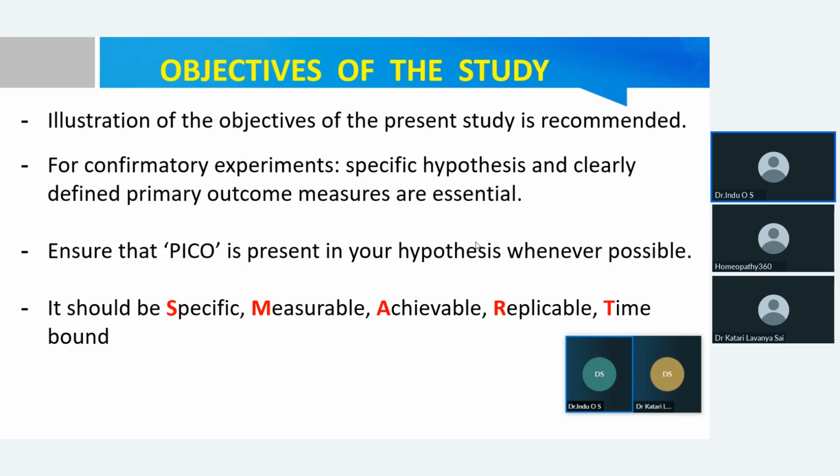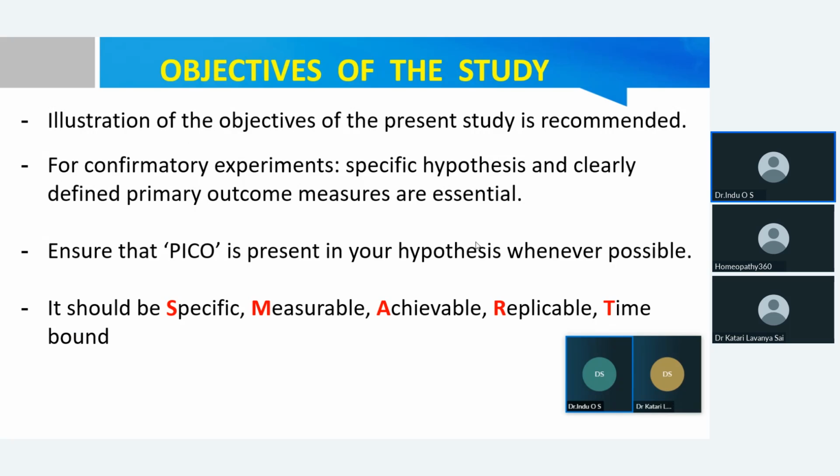Replicable means if we repeat the experiment, we should get that particular result. Replicability is important for any research, and the objectives we set for our study should be replicable and time bound. That's why time duration is very important. Within the given time duration we should be able to achieve those objectives.